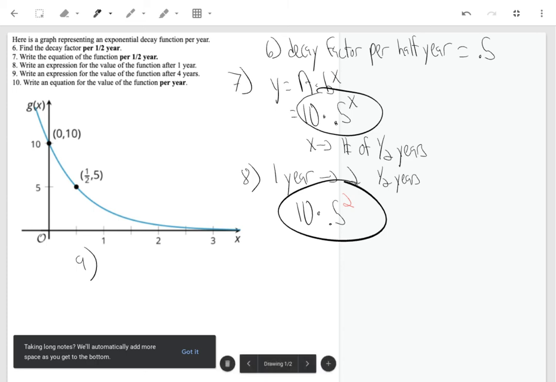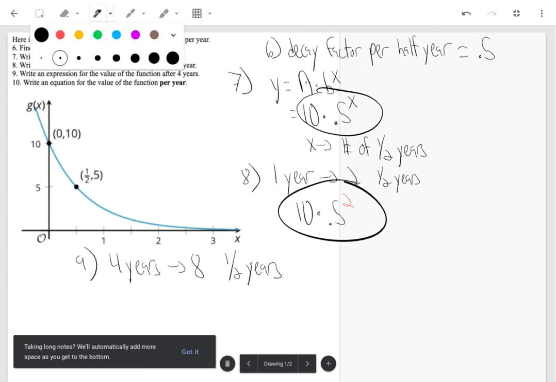Number 9, write an expression for the value of the function after 4 years. Same thing, 4 years is how many half years? 4 years is the same as 8 half years, right? 8 half-year time periods is equal to 4 years, which means I need to plug in x equals 8.